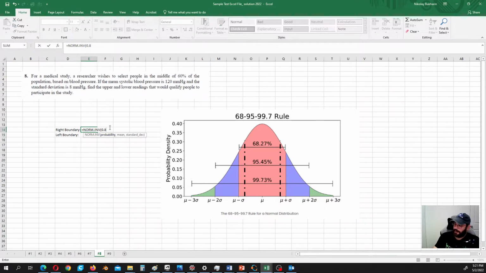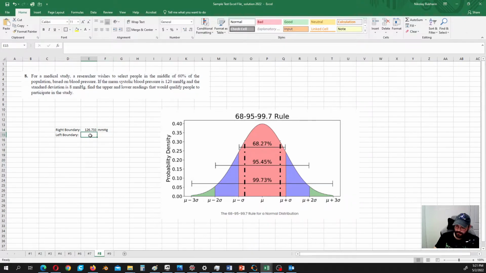Okay, so the mean is given, it is 120, and the standard deviation is 8, and that's it. So this is 126.7 millimeters of mercury.